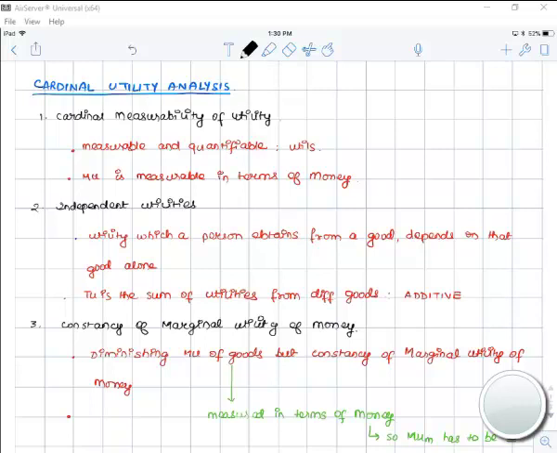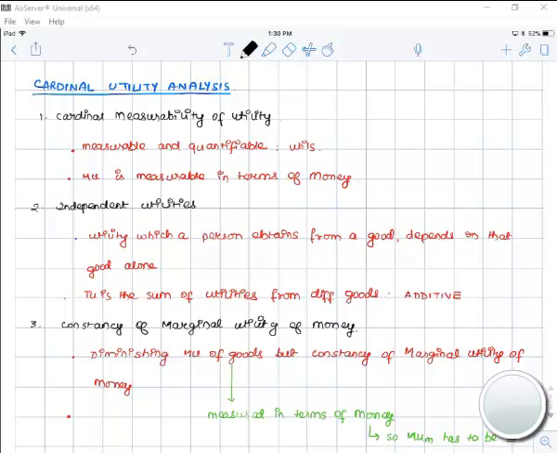This is something very important here. And of course, they are measurable and quantifiable in terms of utils. Utils is the measure of utility, okay? The unit in which utility is measured. And all of these utilities, these utils, are measured in terms of the marginal utility of money.